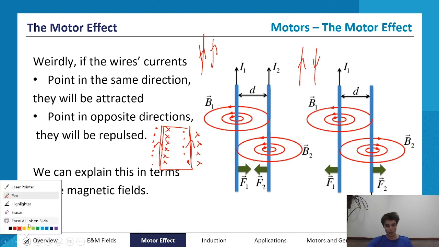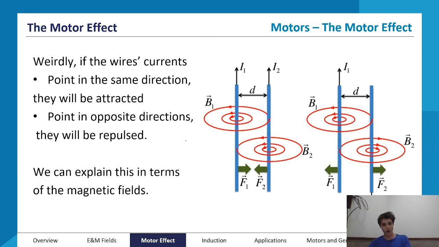Whereas when you've got these currents that are moving in opposite directions, right? Let me do this again. We've got one wire that's moving up. We've got one wire that's moving down. Use your right-hand grip rule. On the one side, it's coming out of the page over here. On the other side, it's moving into the page over here. Down here, the current is moving downwards, so you can point your thumb down.